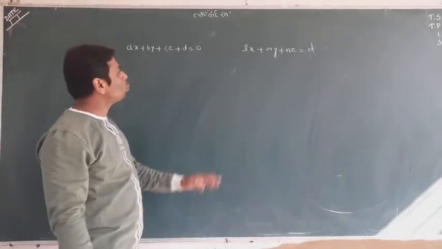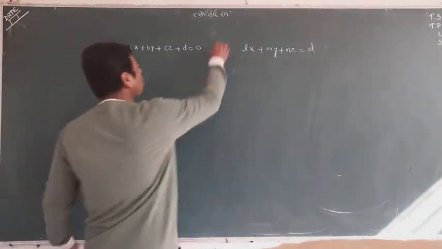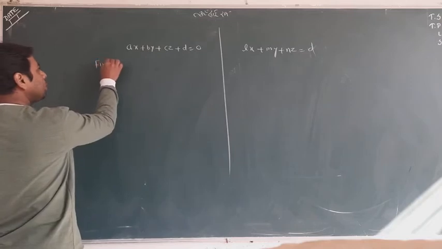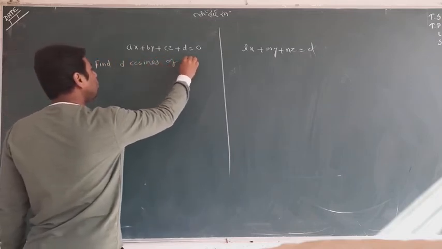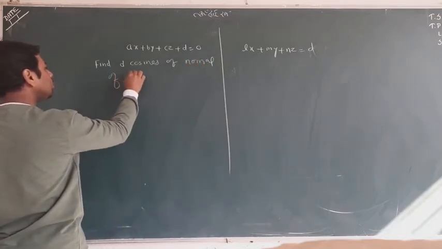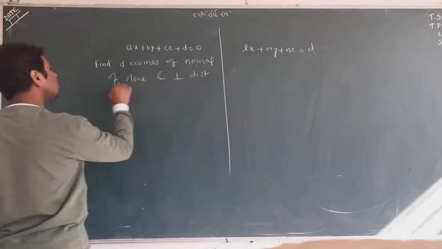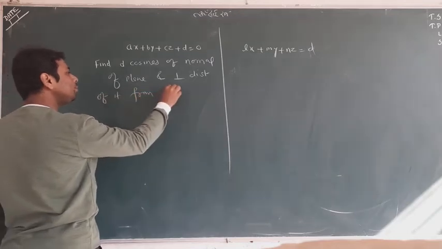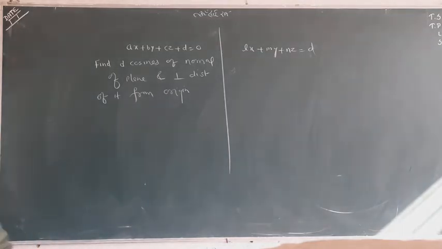But if you are given this equation and told to find the direction cosines of the normal of the plane and its perpendicular distance from the origin point, these two questions, if you are supposed to answer them.